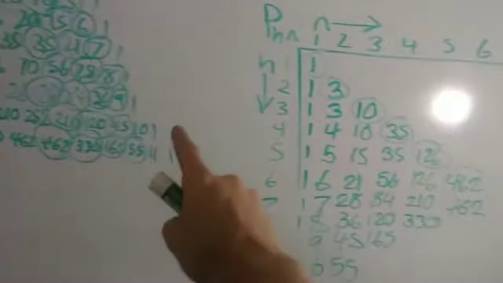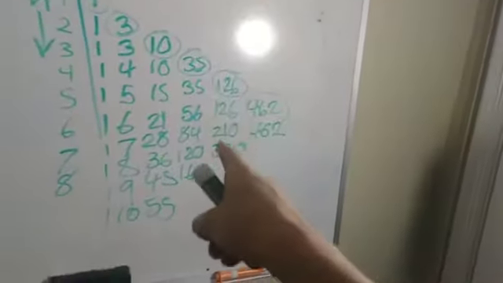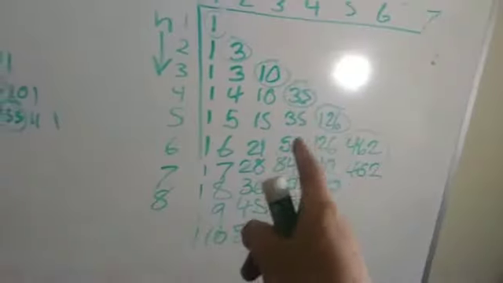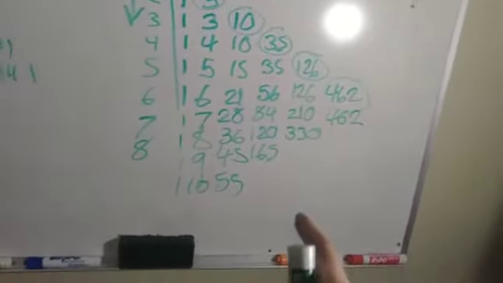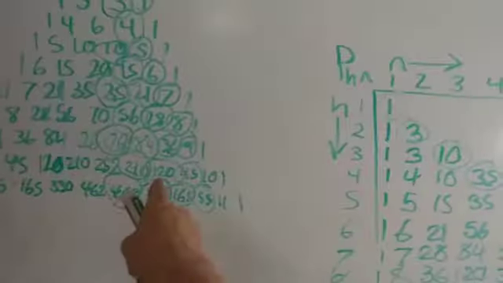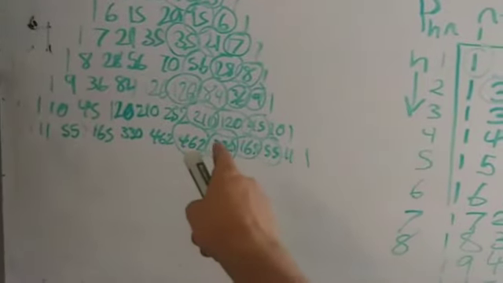And basically what I'm telling you is that Pascal's triangle is the lengths of the prime harmonic sequence. Every single one of these numbers maps onto Pascal's triangle perfectly.